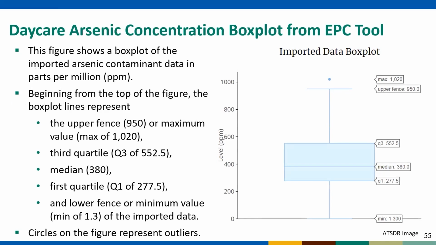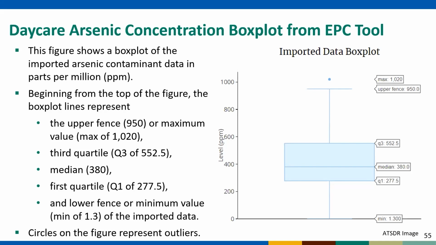Now, I want to show you some of the great data visualizations that the EPC tool offers to help you show the data in different ways. This first visual I'm presenting here shows our arsenic concentration data using what is called a box plot. Beginning from the top of the figure, the box plot lines represent the upper fence, 950, or maximum level, 1020. The third quartile, Q3, is 552.5.